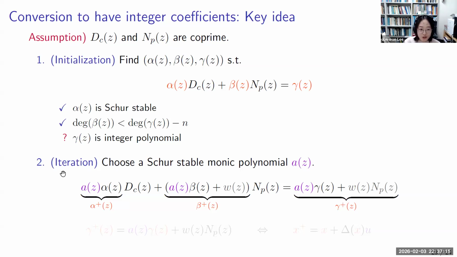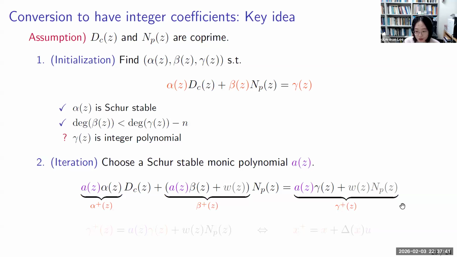At each iteration, we choose a Schur stable polynomial A and multiply it to both sides of this equation, and add this term to both sides to have the next alpha, beta, and gamma.